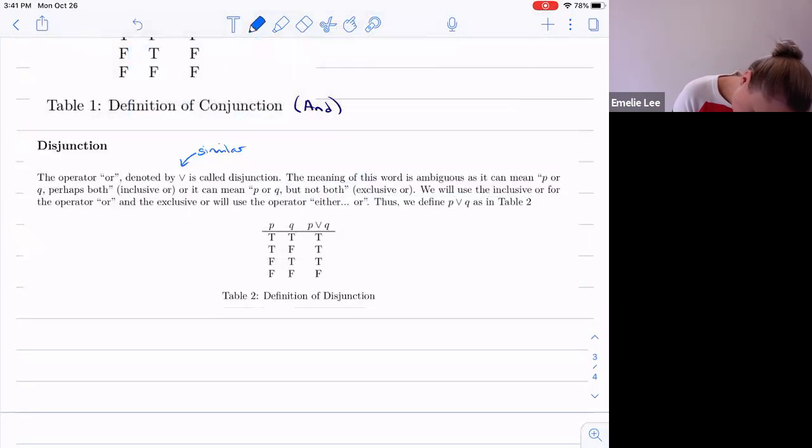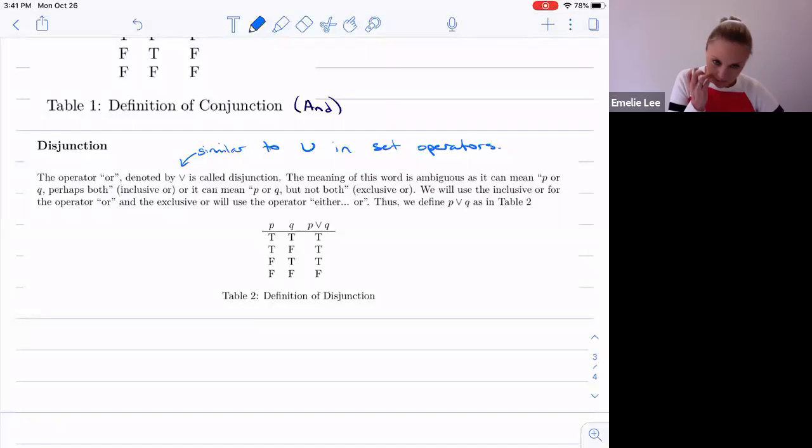So now we've got V for logic, kind of pointier for logic, I guess, but same idea. So or is a disjunction, which we denote by just a V.